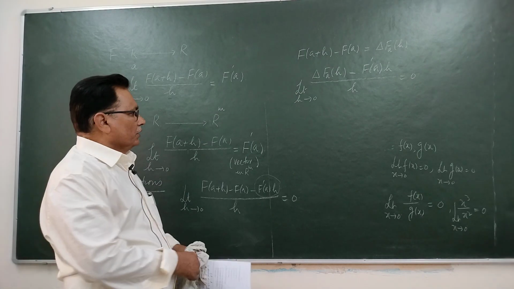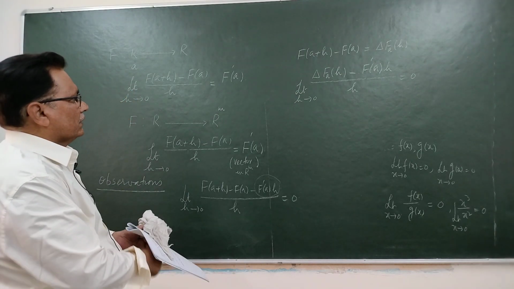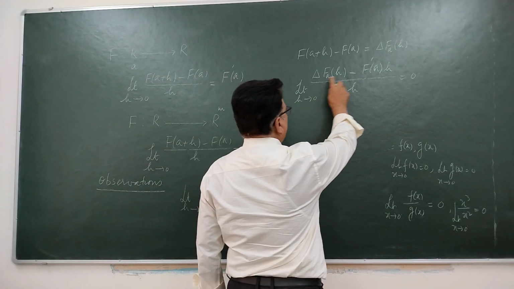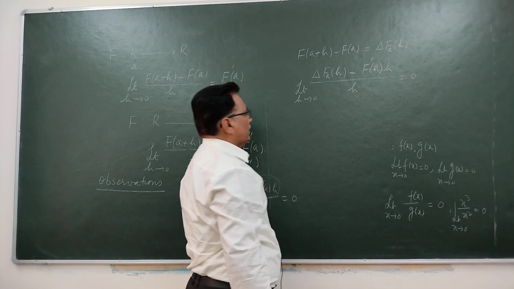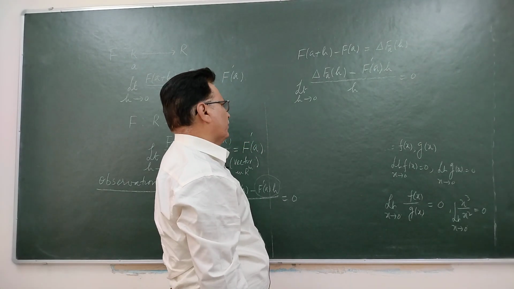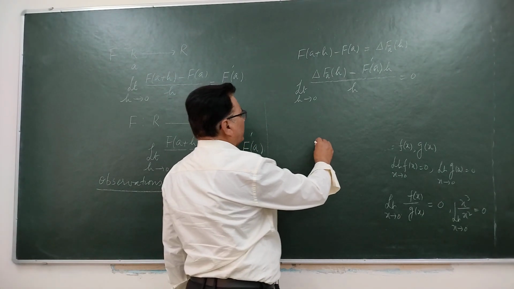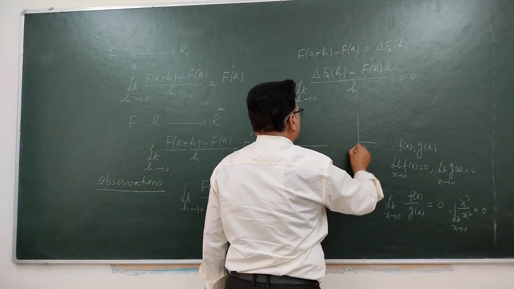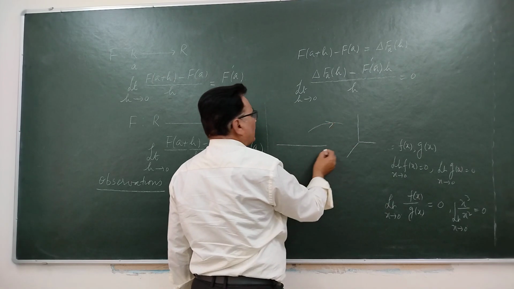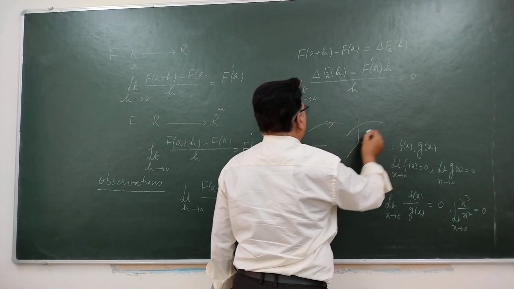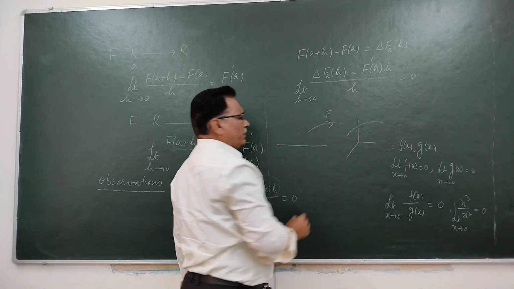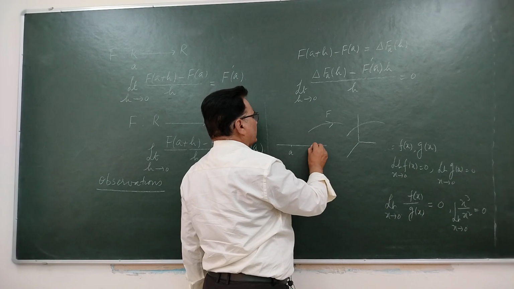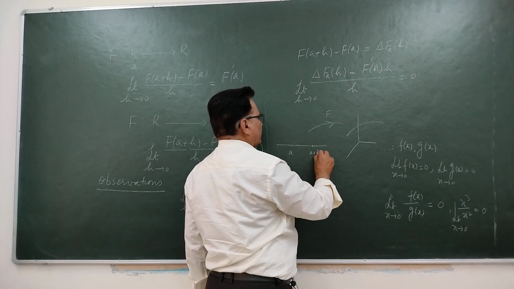So what I was telling you is that a function is differentiable at a point a if the difference between the nonlinear change and the linear change goes to 0 faster than h. We can see it geometrically. Suppose I have a function f from an interval into R3, then the graph of this function f will be a curve. Suppose a point a is here and there is another point a+h in the interval.